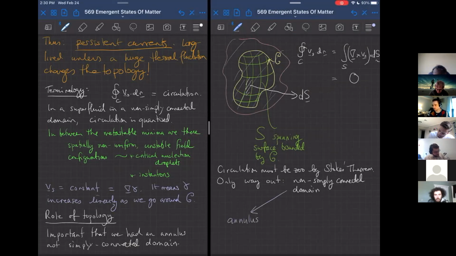In other words, in the center, there is no superfluid. The other way is to have a region where the wave function is equal to 0. In other words, a topological defect.